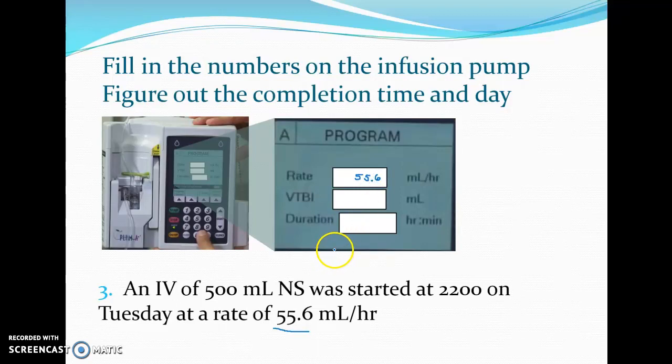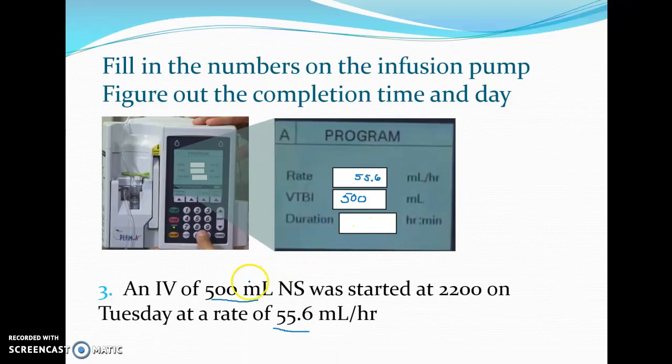Next thing it asks me is the volume to be infused, and I see that right in the problem as well. So right here it tells me 500 milliliters. So the only thing that's not given in the problem is how long this is going to take, the duration.